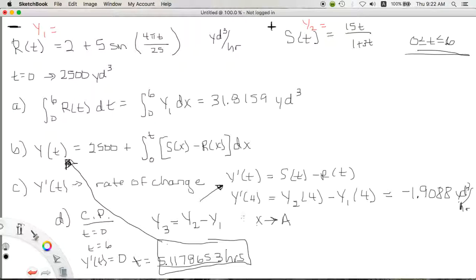On your calculator, type 2500 plus the integral from 0 to a of y3 dx. If you've stored your x value as a, you'll get 2,492.369 cubic yards of sand at that particular time.